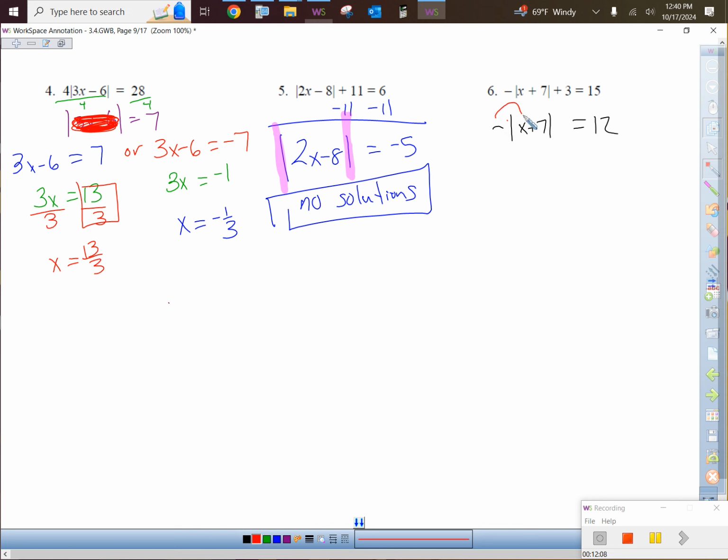Can I distribute it through there? Yes or no? You cannot do that. So I need to get rid of it. Is this a times -1 or like a subtract 1? What do you think? It is a times -1. So we will get rid of that by dividing by -1. Would you and a neighbor continue to solve this after you have divided by -1?